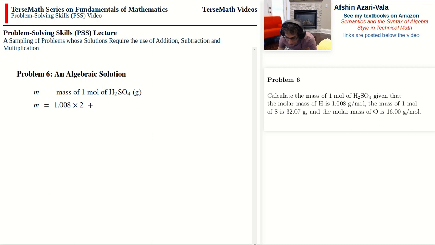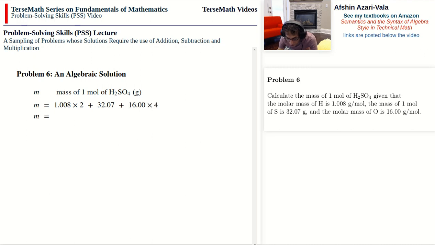And then we add the mass of the S atoms, which is 32.07 grams for 1 mole. And then for 1 mole of oxygen, the mass is 16 grams, and we end up with 4 moles of oxygen. So we multiply 16 by 4.